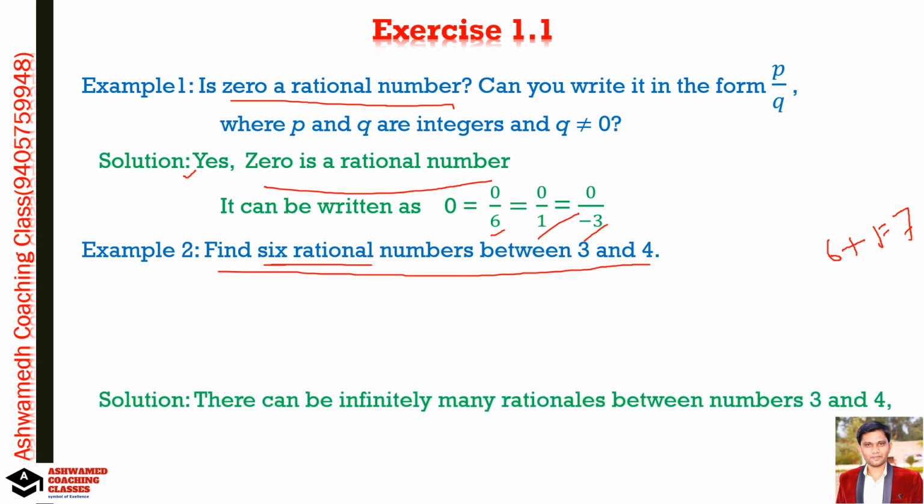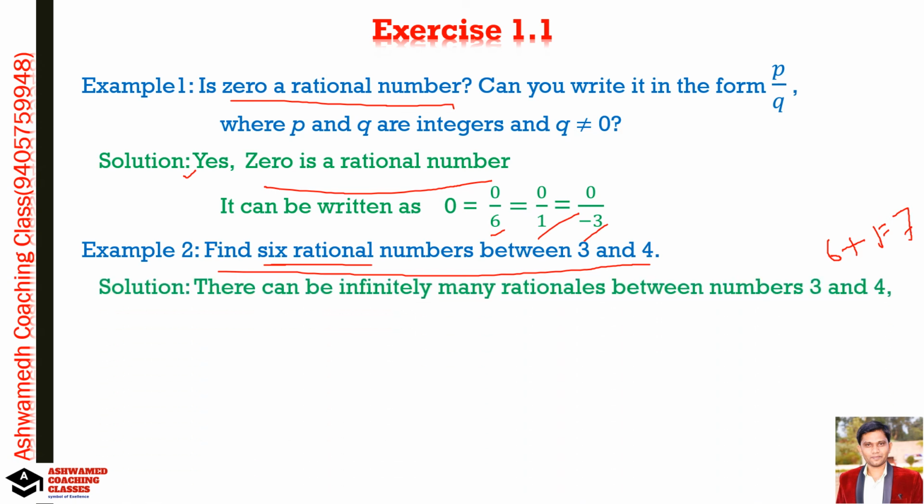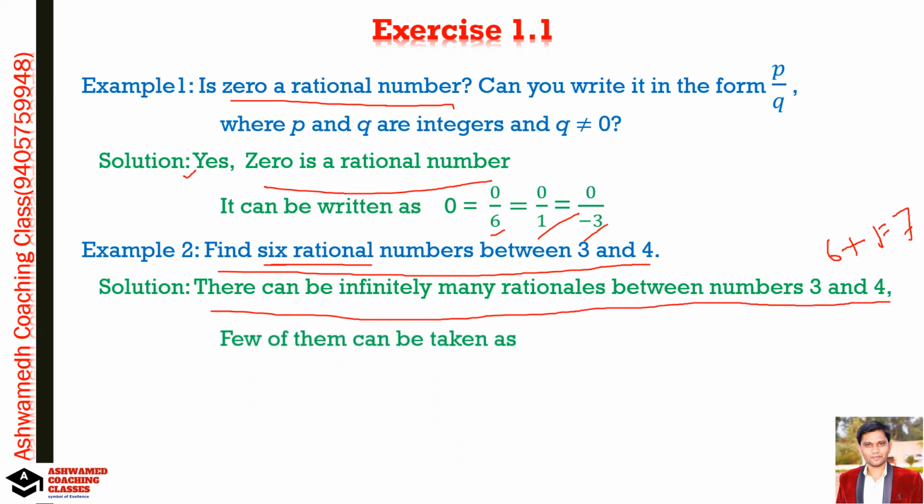There can be infinitely many rational numbers between 3 and 4, we have seen this statement, but a few of them can be taken.